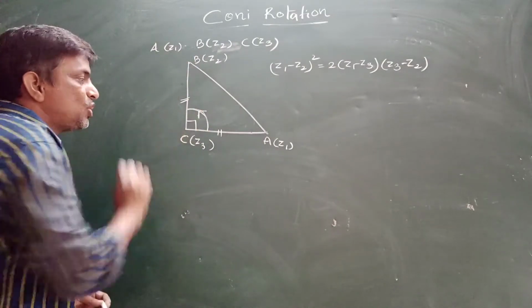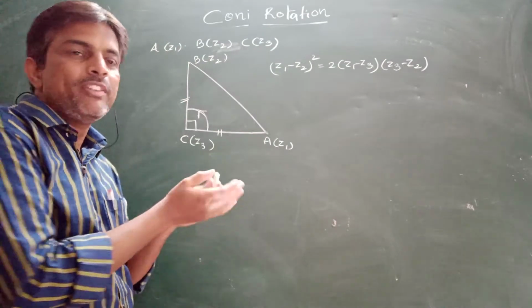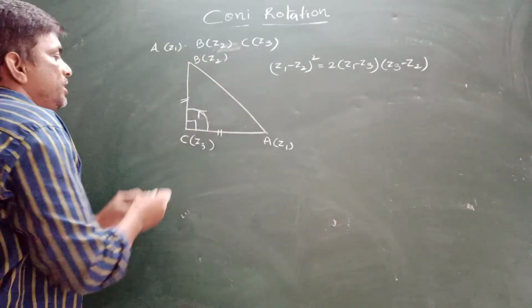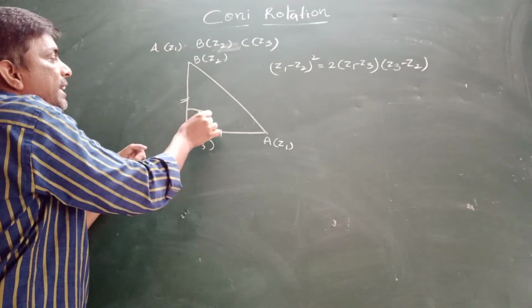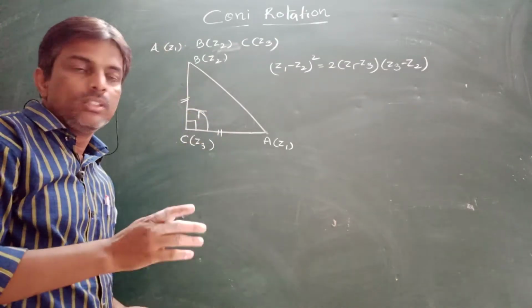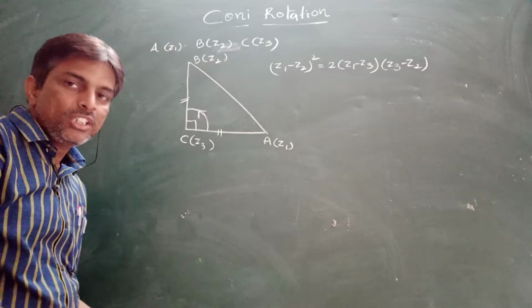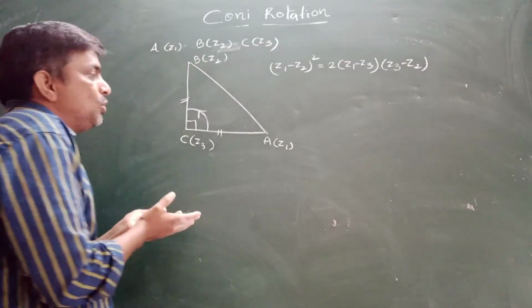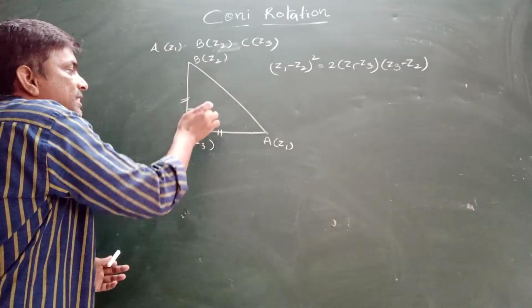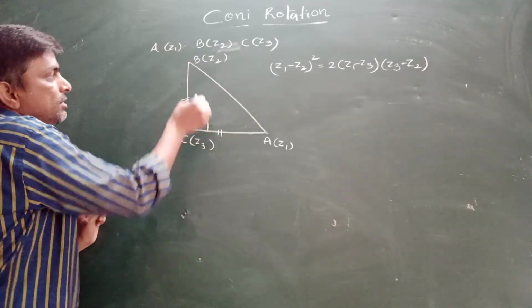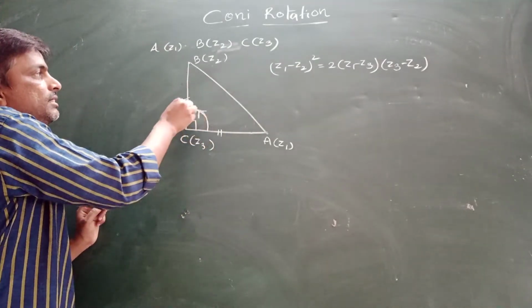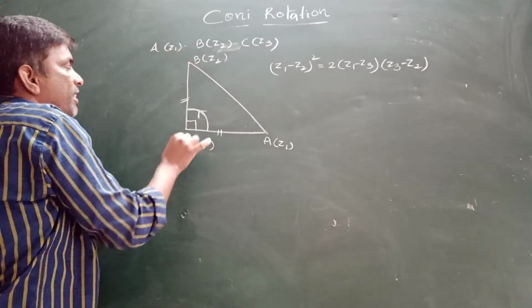Here C is called the pivotal point, about which we are rotating. CA is rotating about C by an angle of 90 degrees to get CB. Now according to Coni rotation, we know how to connect Z1, Z2, Z3 and the angle between them. What is the final position? I am rotating this way, and this is my final position.